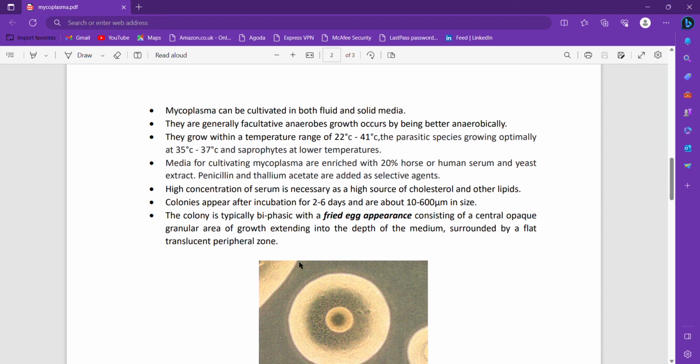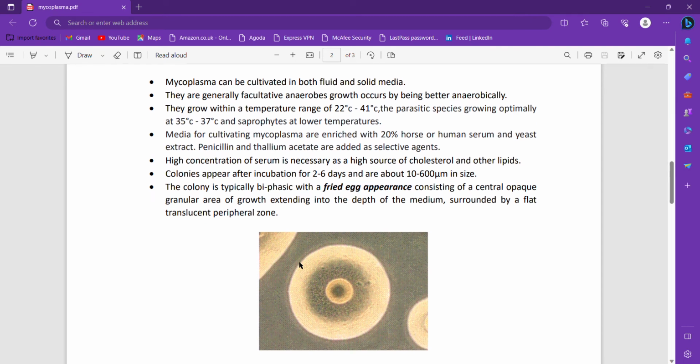They grow within a temperature range of 22 degrees Celsius to 41 degrees Celsius, and the parasitic species grow optimally at 35 to 37 degrees Celsius, which is our normal body temperature, and saprophytes of mycoplasma grow at lower temperatures.